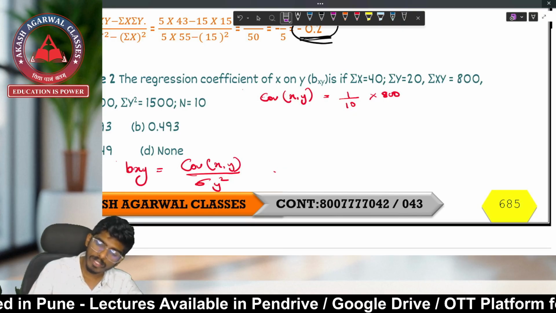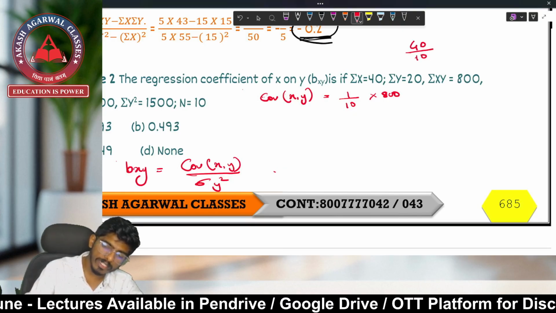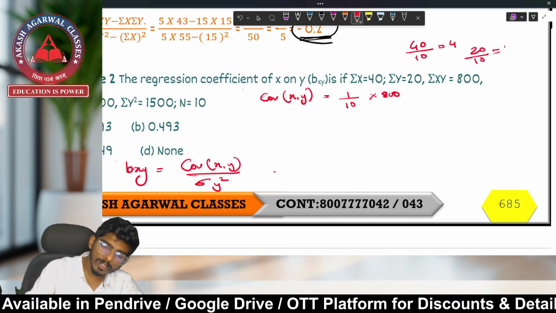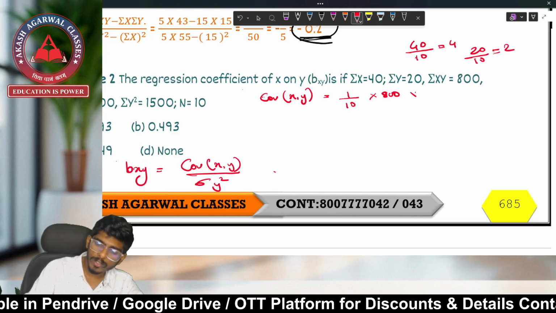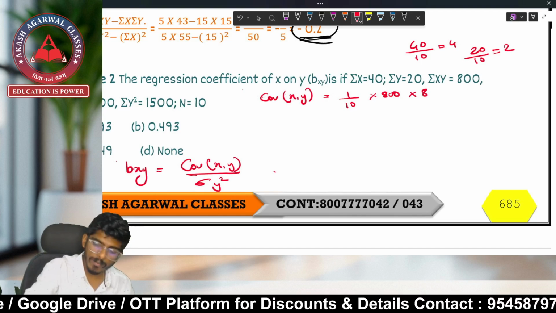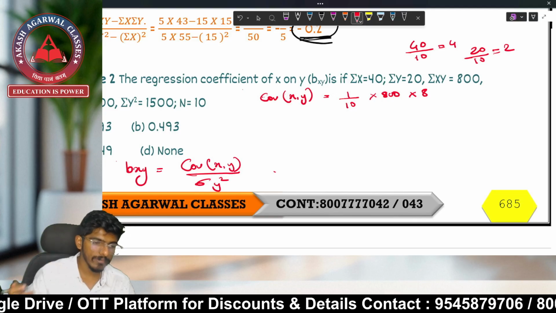I don't have x bar directly, but I have 40 upon 10, that is going to be 4, and 20 upon 10, that is going to be 2. So this is going to be 4 into 2, that is 8. So let's solve this again: 800 divided by 10, minus 8.